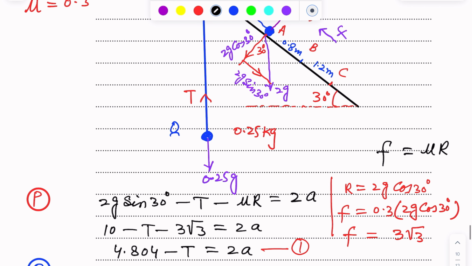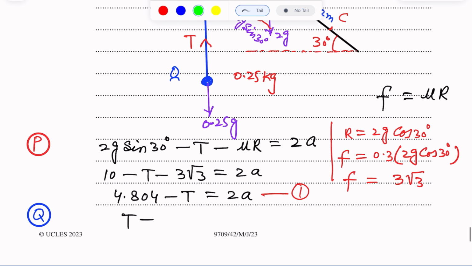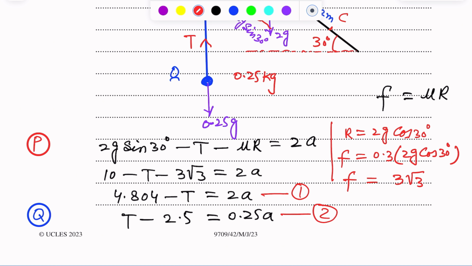M is 0.25 and g is 10 meter per second square. So we write here the force, that is the weight of particle Q, mg, 0.25 into 10, we get 2.5. So we write T minus 2.5 is equal to 0.25a. Let this be equation number 2 for reference.